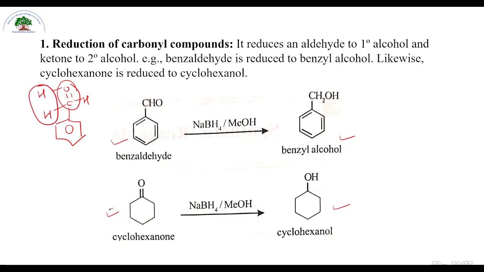Two hydrogens are added to the carbonyl, one hydrogen to the carbonyl carbon and one hydrogen to the carbonyl oxygen, and we get benzyl alcohol. This is a primary alcohol. Aldehydes are converted to primary alcohols, and here a ketone is converted into a secondary alcohol. Here the double bond is replaced by a single bond, with one hydrogen here and one hydrogen here. That means CHOH. This one is secondary.